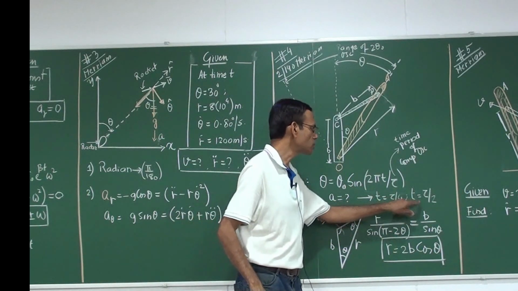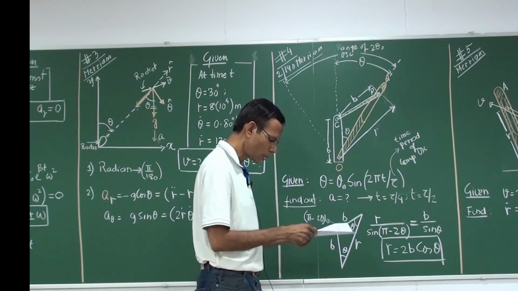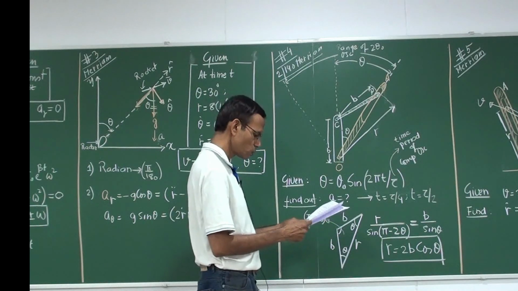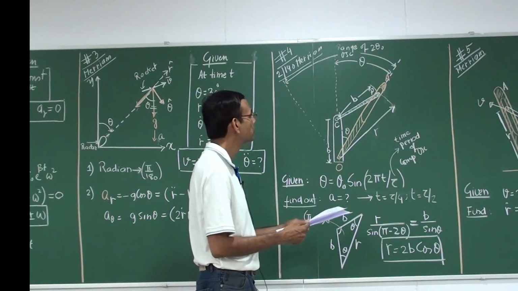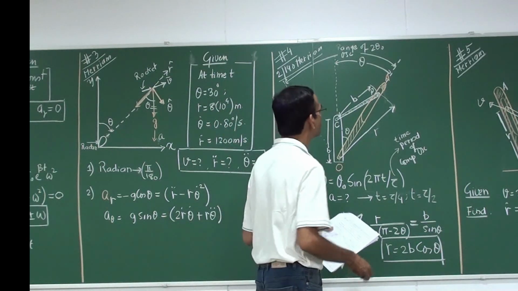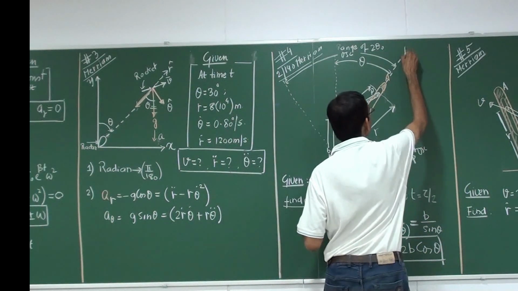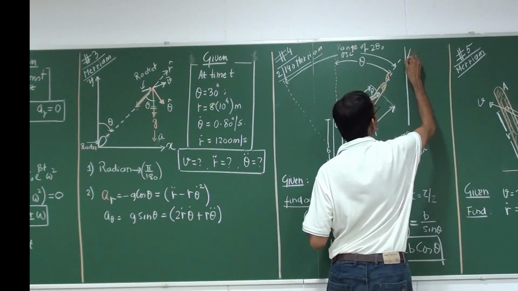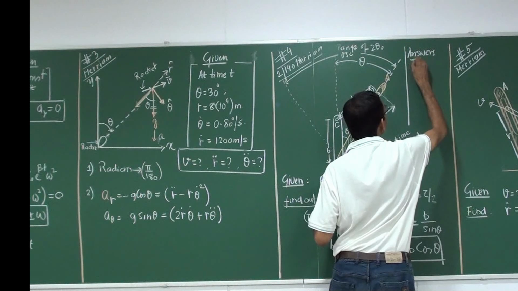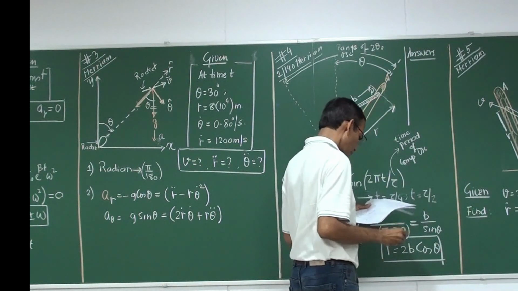Then you place t is equal to tau by 2, and I would like to give you the answers for this so that you can calculate. The answers are, so let me write the answers over here. Answers.